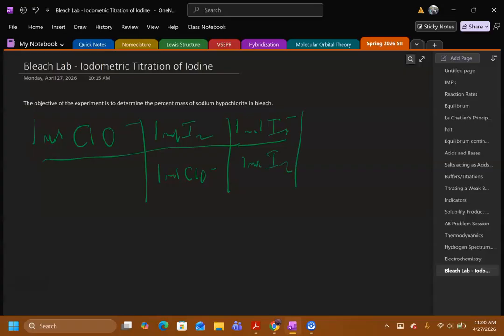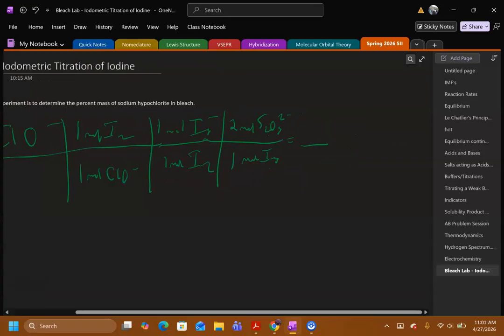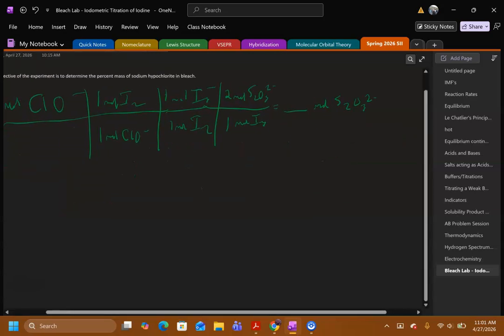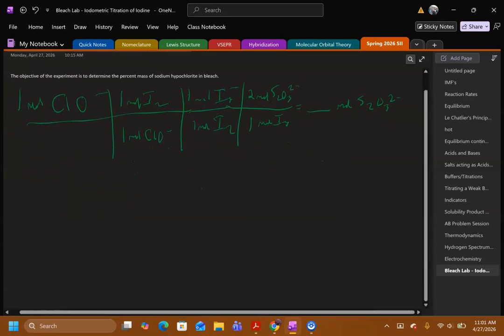And then from there, we can see that there are 2 moles of the S2O3 for every 1 mole of the I3 minus. All right. And that will get you to the number of moles of the thiosulfate. All right. Now, so that gets the mole ratio.